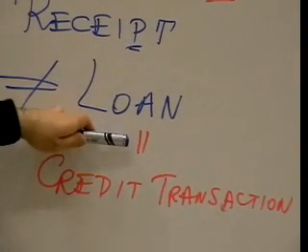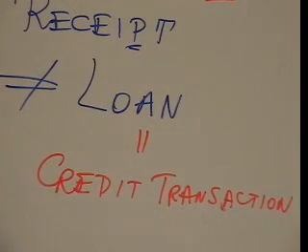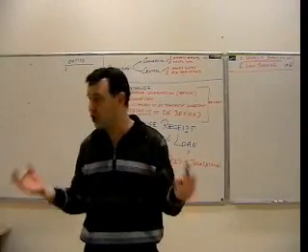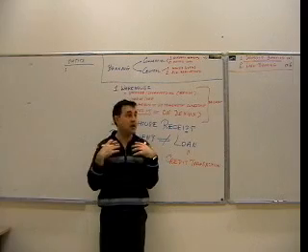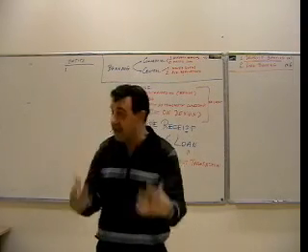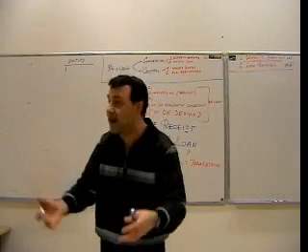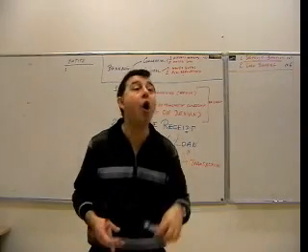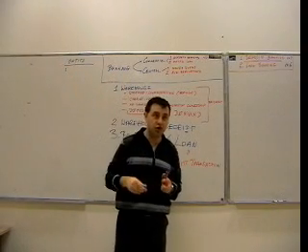So, loan equals or is identical to credit transaction. So, a credit transaction or a loan is an exchange of present goods for future goods. A present good now is something that we can have today and possibly use, consume, or benefit today. A future good is a claim on that good, but at some point in the future.